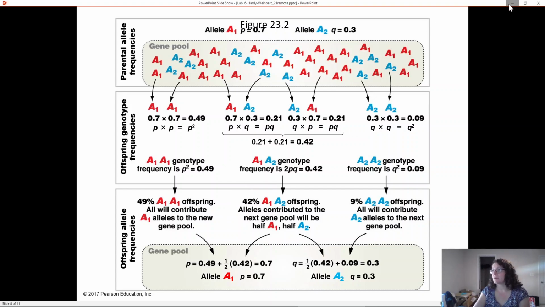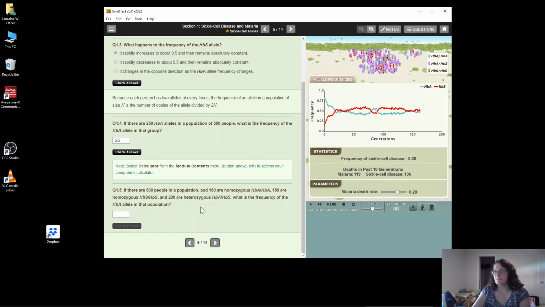So let's walk through this, okay? 500 people in population, 1,000 alleles total. But we have 150 are homozygous HBA, okay? It means 300 alleles in there are this big A. Remember, because that's the big A one, okay? 150 are the HBS.